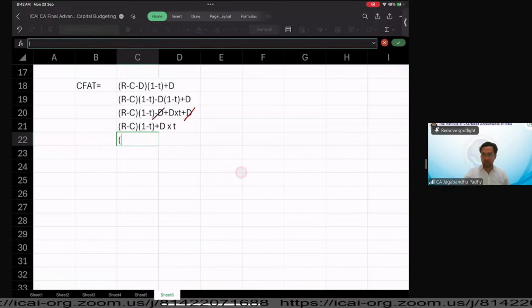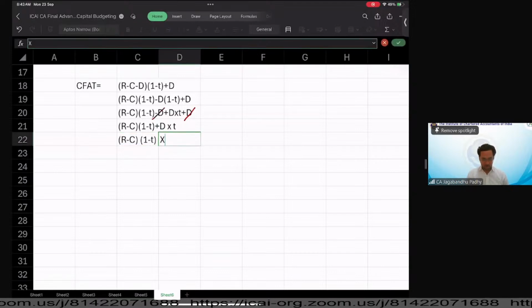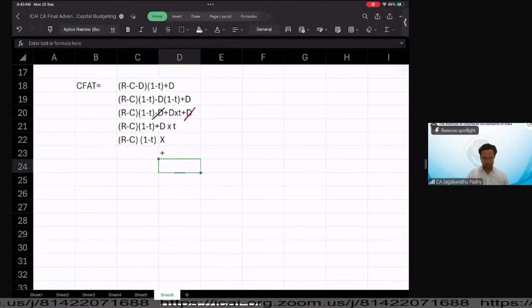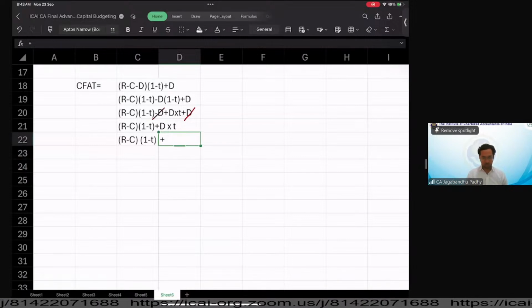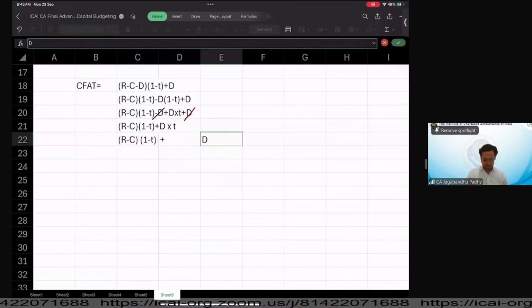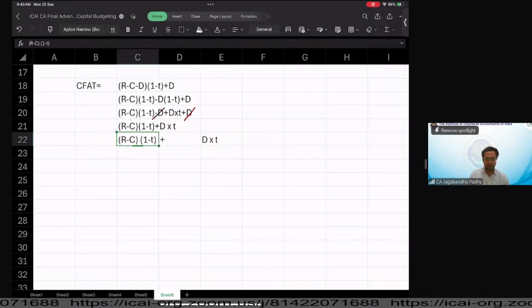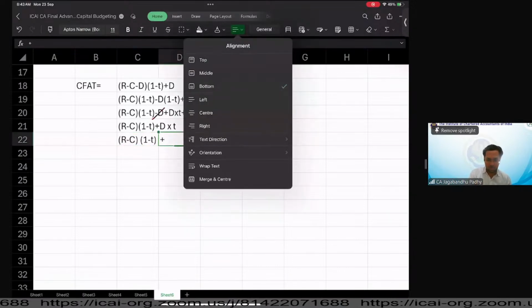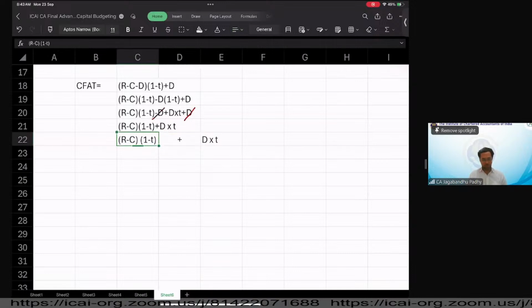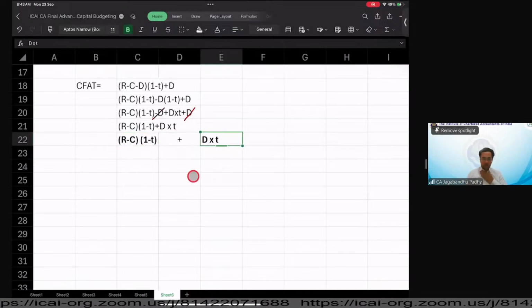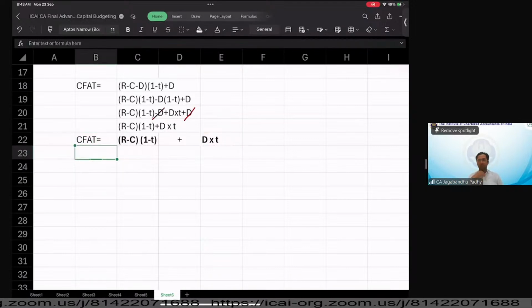If I break it into two parts, one is revenue minus cost into 1 minus t, and then plus the amount of depreciation into tax rate. So we just split it into two parts. Out of these two, revenue minus cost into 1 minus t and depreciation into tax, these are the two components of our cash flow after tax, annual cash flow after tax.